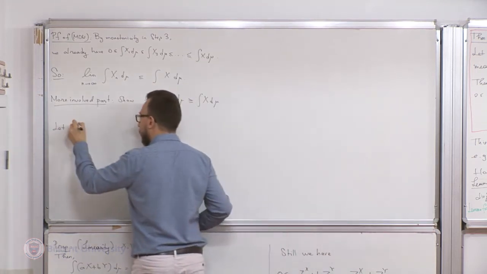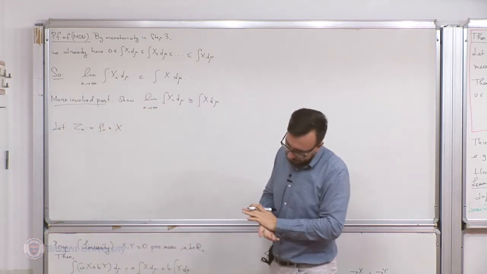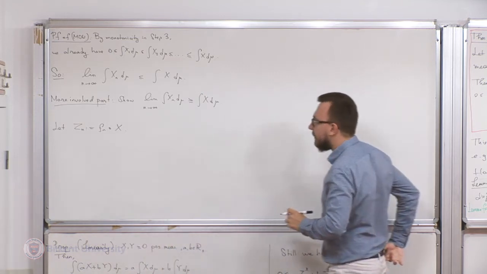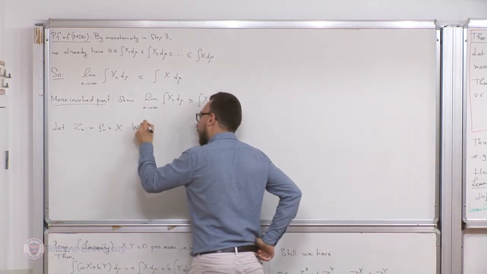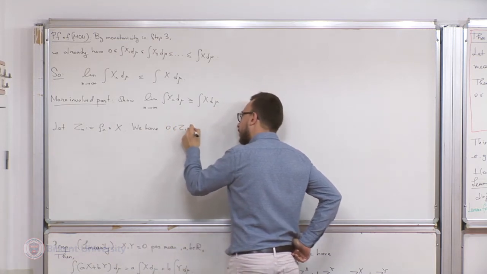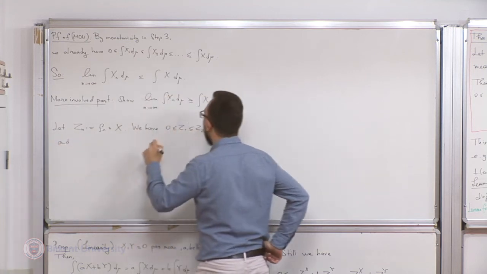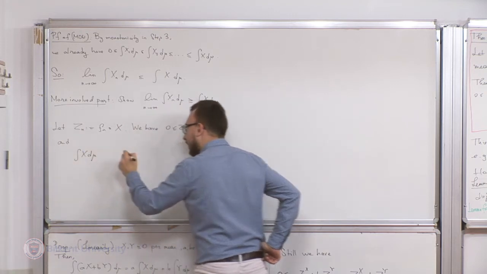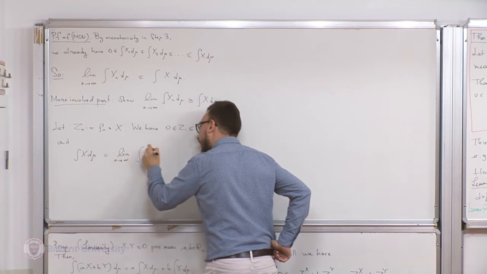I'm going to call it Zn, Fn of x. We have Z1, Z2, etc., and the integral of x is just the limit of the integrals of Zn's.